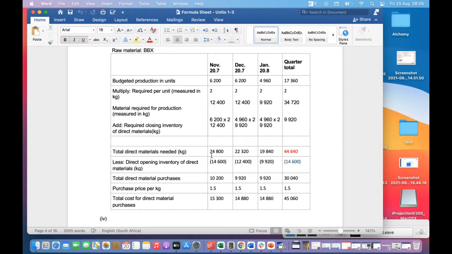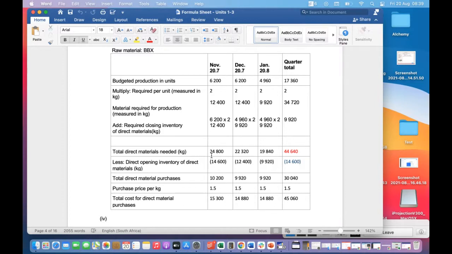Then we're saying less the opening inventory of direct materials. Okay, we know that we had 2,400 and something as the opening inventory. Oh, so here's the tricky bit. This is the opening inventory, not of units, but the opening inventory of materials.